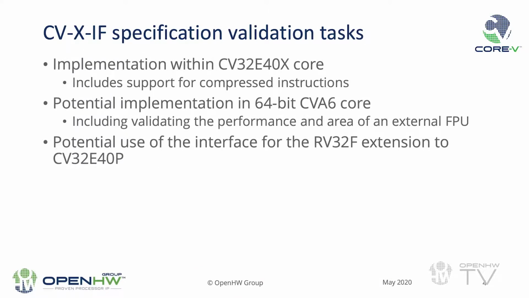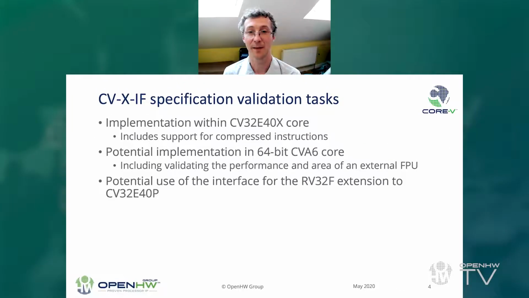So in order to produce the specification, we need to validate it in some ways. And our primary validation will be the implementation within the CV32E40X core. That includes support for compressed instructions. There's a potential implementation in the 64-bit CVA6 core, and that includes validating the performance and area of an external floating point unit and comparing that to an internal one that's pre-existing.